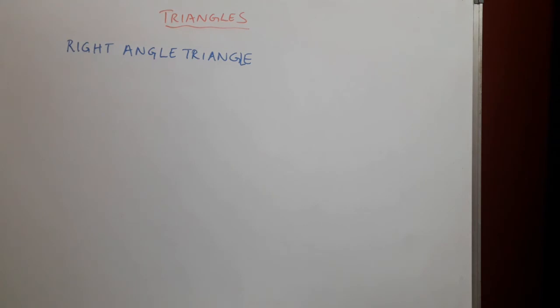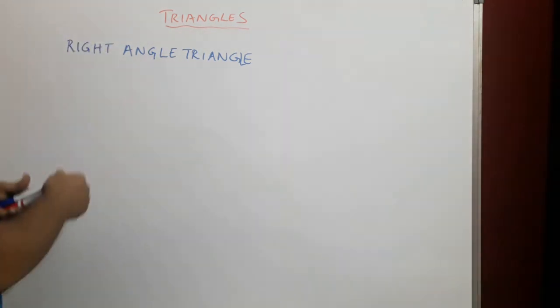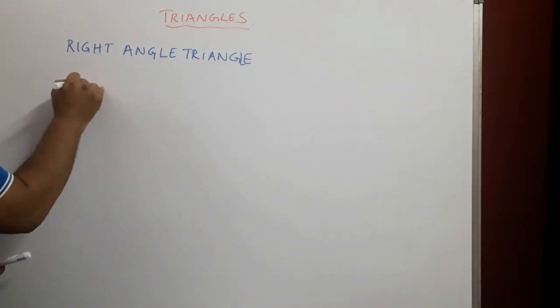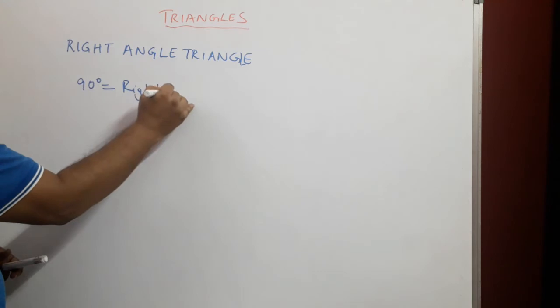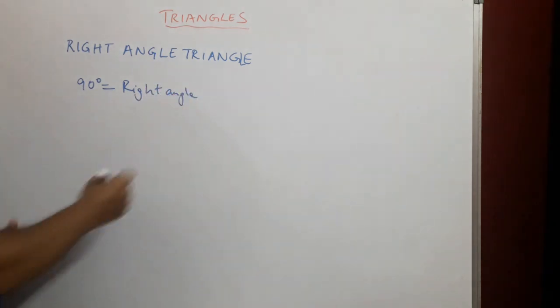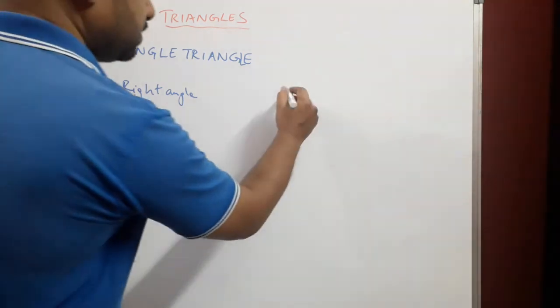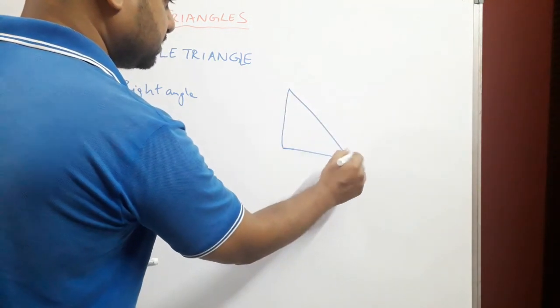So let us draw a right angle triangle. What is a right angle? First of all, before we draw, a right angle means 90 degrees. This is called a right angle. So when an angle is 90 degrees, it is called a right angle. So a right angle triangle will be something like this.